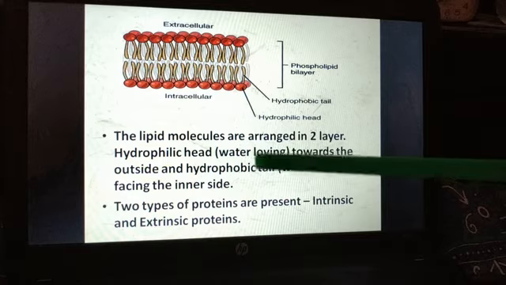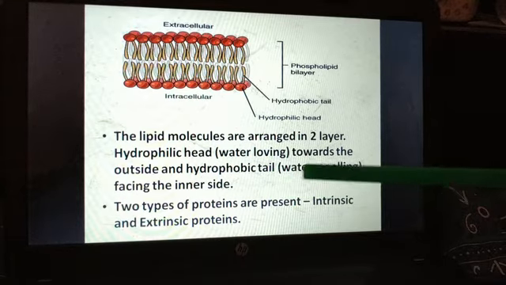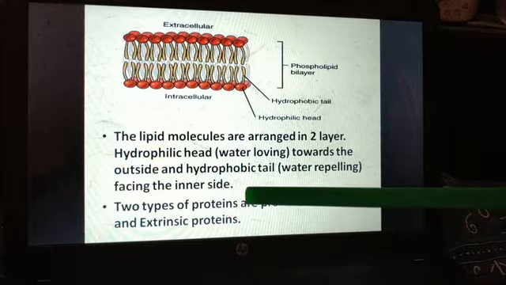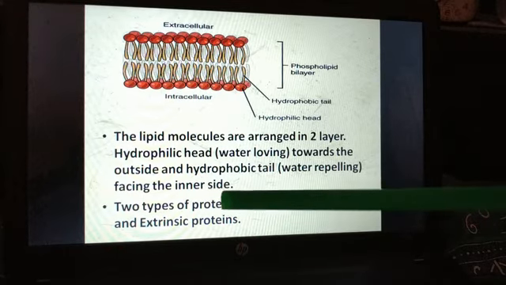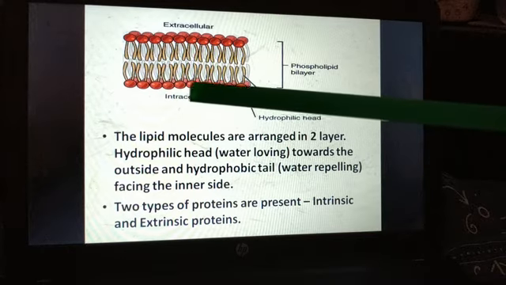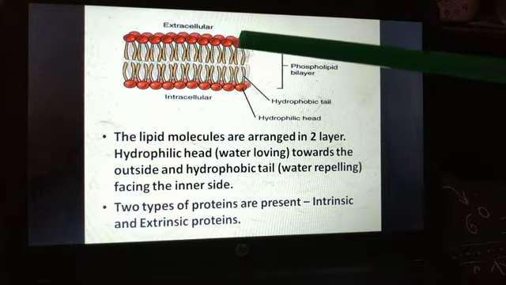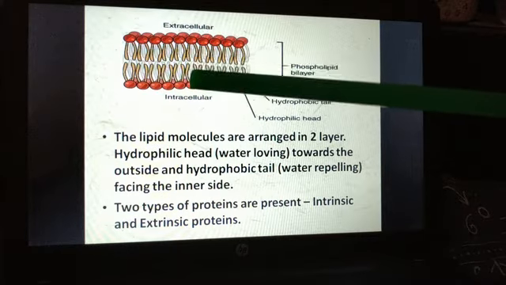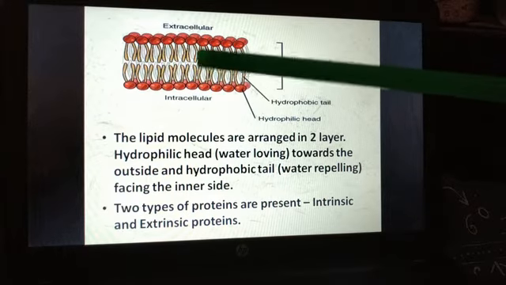Hydrophilic head, that is water loving, is towards the outside, and the hydrophobic tail, that is water repelling, is facing the inner side.